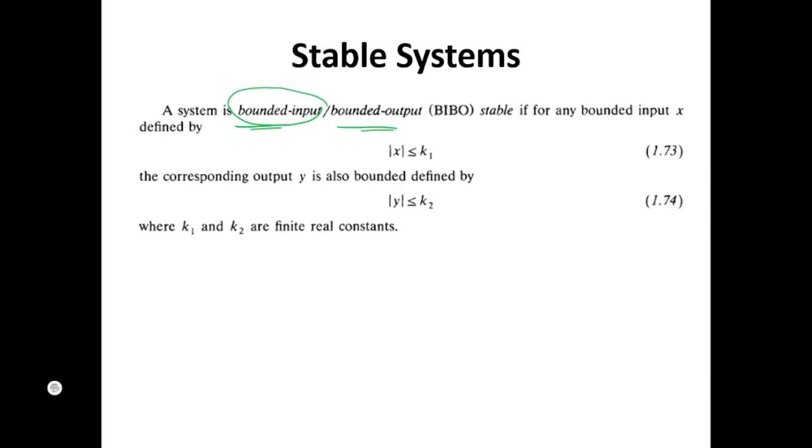The system is giving you finite response. Now this is called bounded input, bounded output. Now suppose you give a system an ever increasing, growing signal, which is growing out of the bounds.